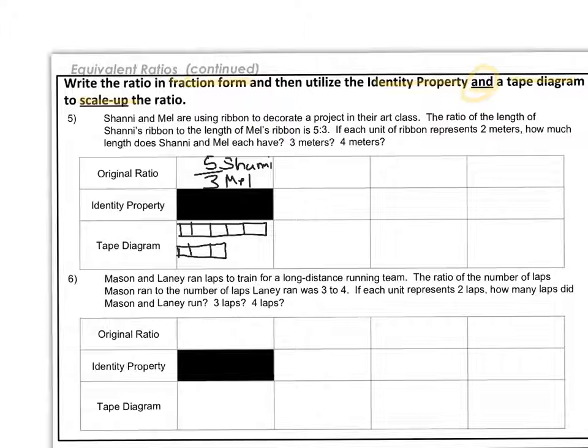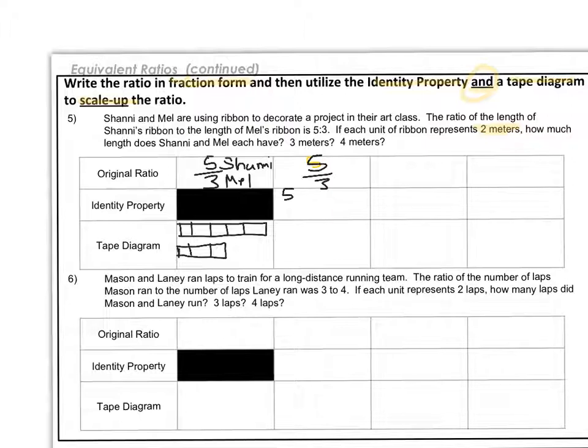Okay, so we wrote the original ratio and then we drew the tape diagram. What if each of those units of ribbon represented 2 meters? For this one, we need to scale it up by 2, because it says, what if each unit is represented by 2 meters? So we're going to write the original ratio again, 5 to 3, and now we're going to use the identity property.